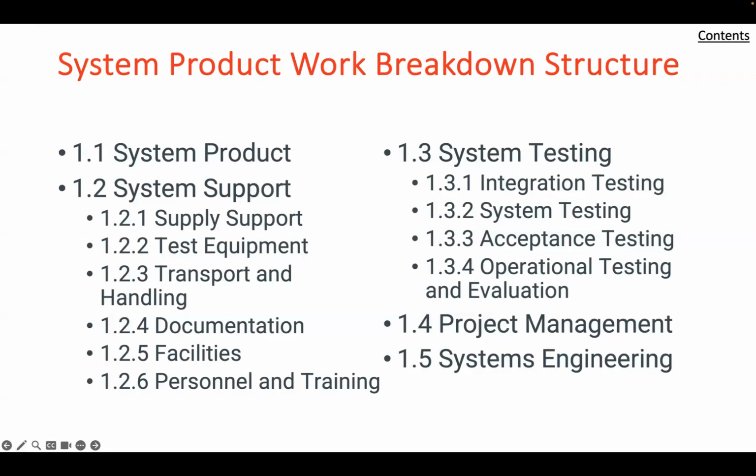So for 1.2, system support or integrated logistics support provides equipment, facilities, and services necessary for the development and operation of the system product. These items can be categorized, that is level 3 categories, under 6 headings. So we're showing those: 1.2.1 supply support, 1.2.2 test equipment, 1.2.3 transport and handling, 1.2.4 documentation, 1.2.5 facilities, and 1.2.6 personnel and training.